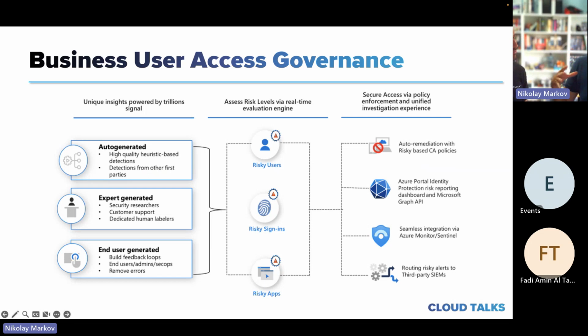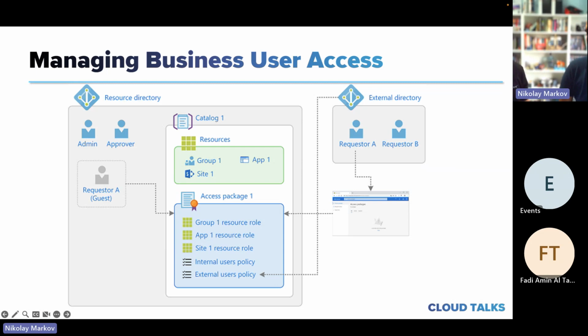And this is for every single connection that's being made. Imagine how many signals and how much data is being compiled and processed in real time. So the mechanisms that are in place in Azure AD allow you to be much better at isolating users in case of breach compared to what we had previously.